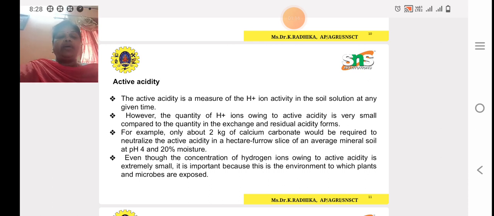However, the quantity of hydrogen ions owing to active acidity is very small compared to the quantity in the exchangeable and residual acidity forms.